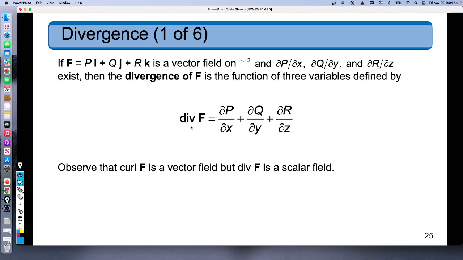So notice that the divergence of a vector field is a scalar. It's a number. Notice this is no longer a vector. Once we add them together we get a value, so there's no direction involved.